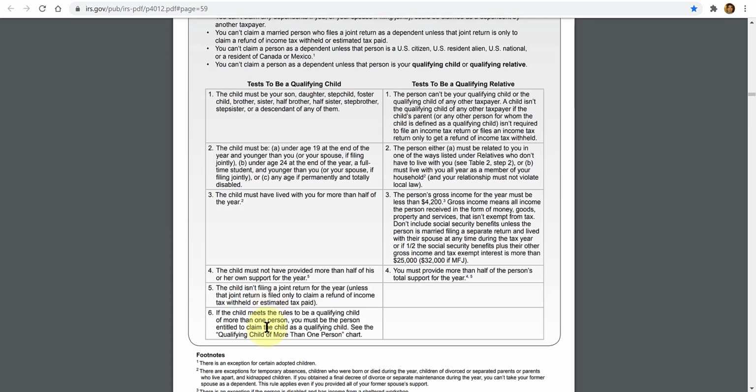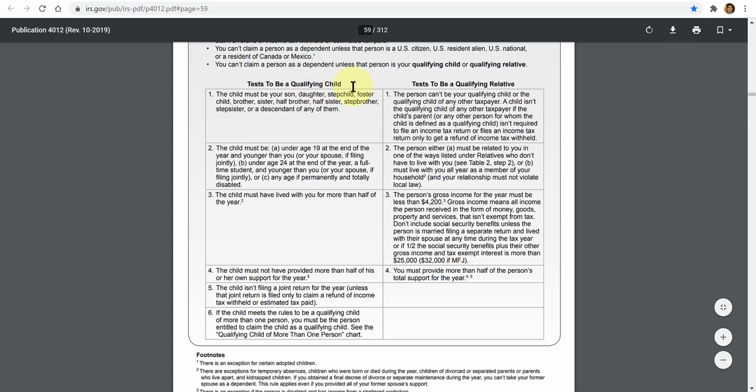If they cannot agree among themselves, then typically it's the custodial parent that has first rights to claim the child. So again, you always test first for qualifying child, and then if not eligible, you try to test that person to be another qualifying relative.